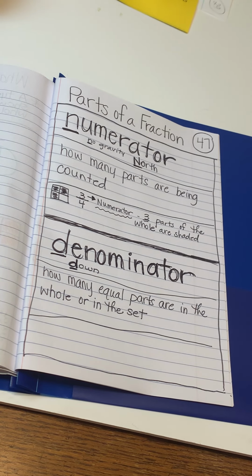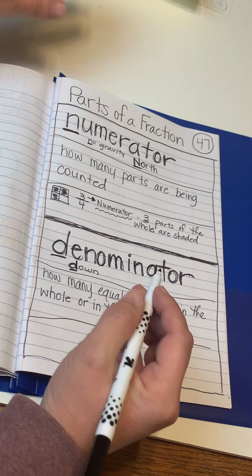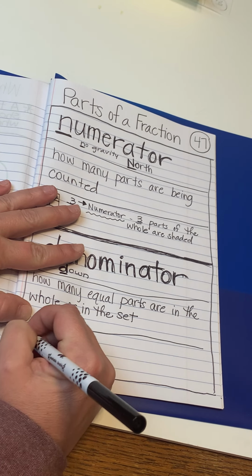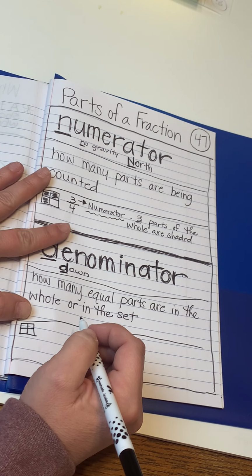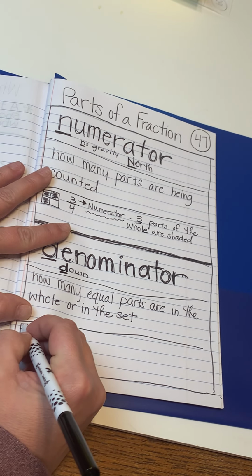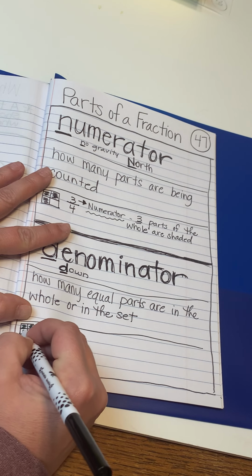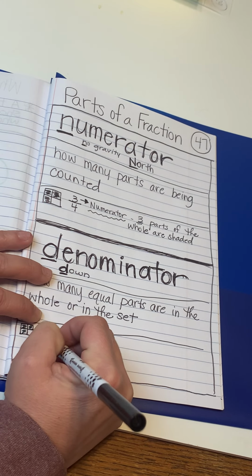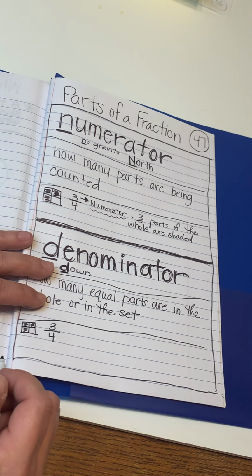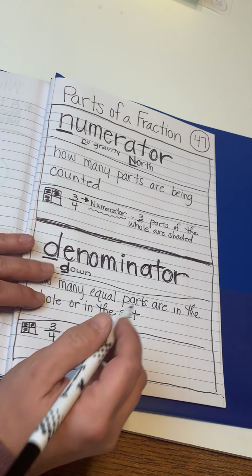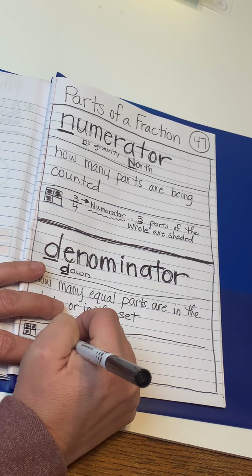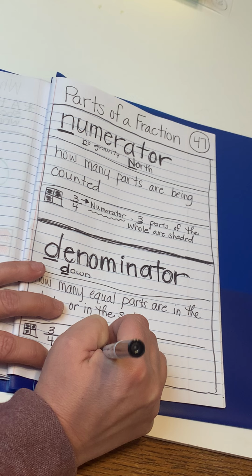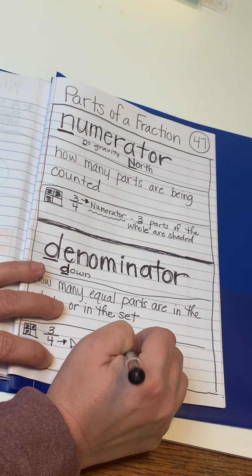Okay. All right, so let's go ahead and draw the same picture that we drew up here. We're gonna do a little square. We're gonna cut it into 4 pieces with a plus sign. We're gonna go ahead and shade just like we did at the top and write your fraction. 3 out of 4 pieces are shaded, but the 4 is the denominator.